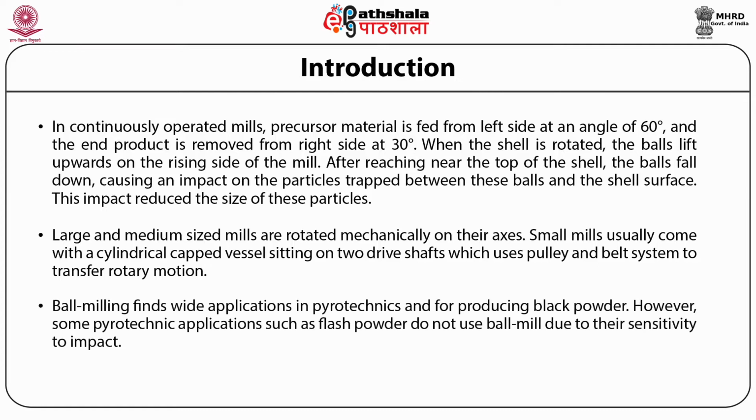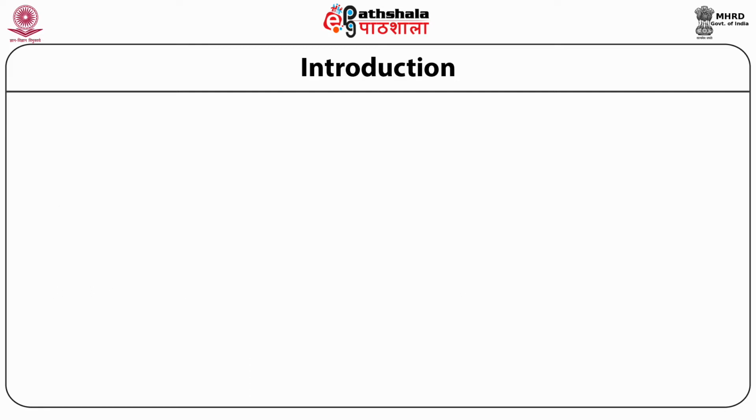Ball milling finds wide applications in pyrotechnics and for producing black powder. However, some pyrotechnic applications such as flash powder do not use a ball mill due to the sensitivity to impact.